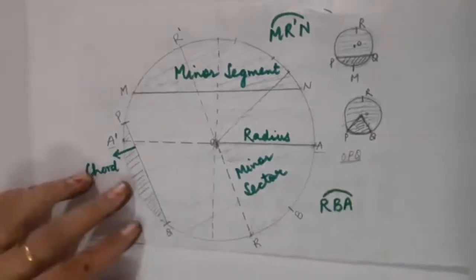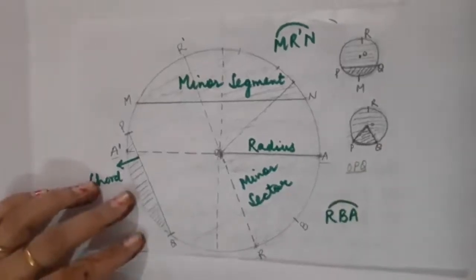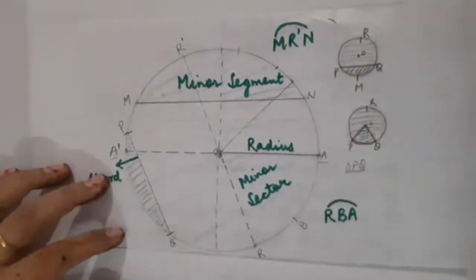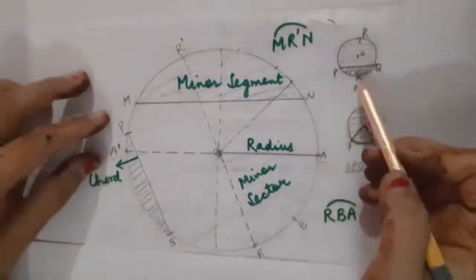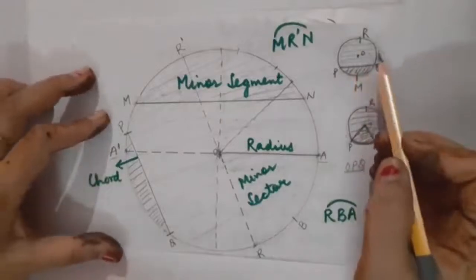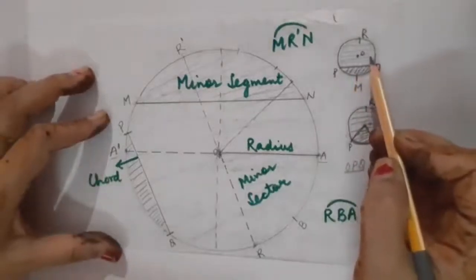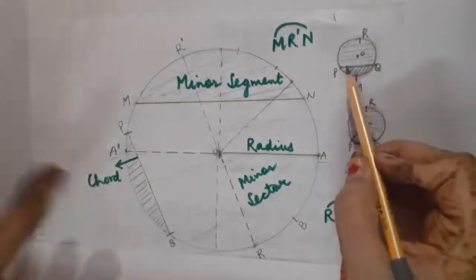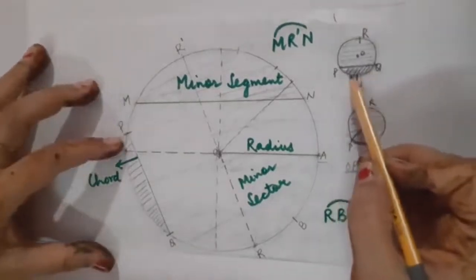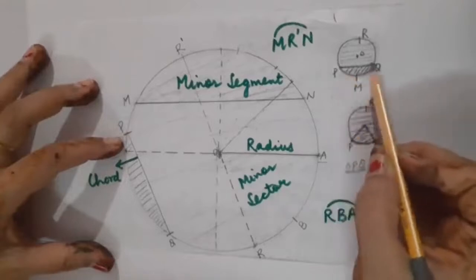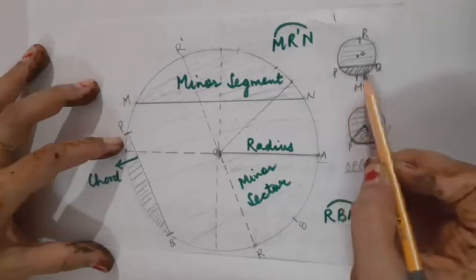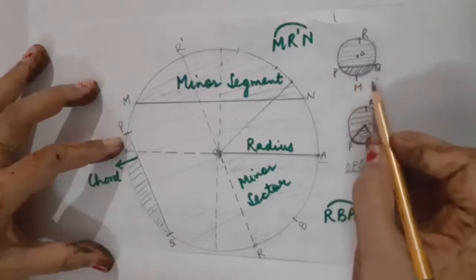Okay, here comes the next topic related to the segment. How to define segment, children? Let us understand the definition of minor segment as well as major segment using this circle. Here you can see, children, what is minor segment? Minor segment is nothing but the region which is bounded by a chord and the minor arc. Here PMQ is the minor arc.